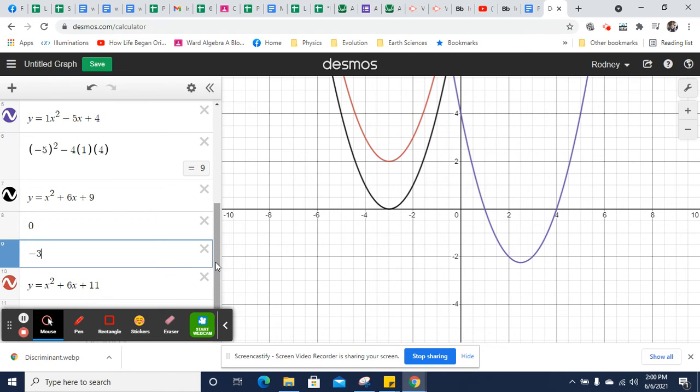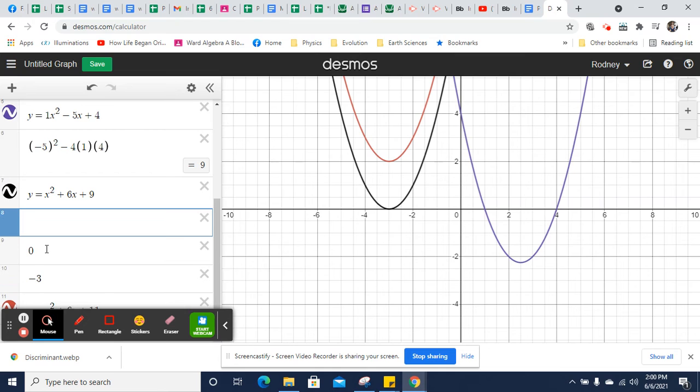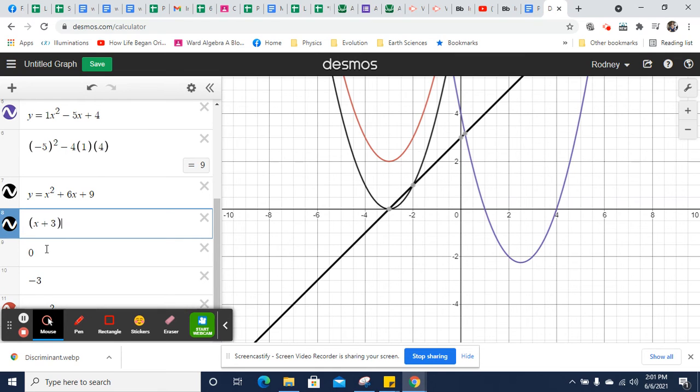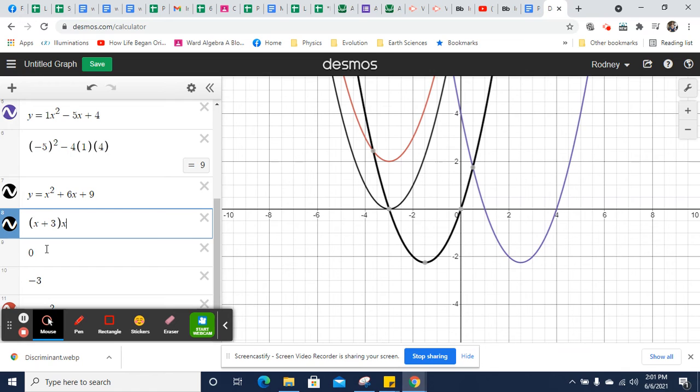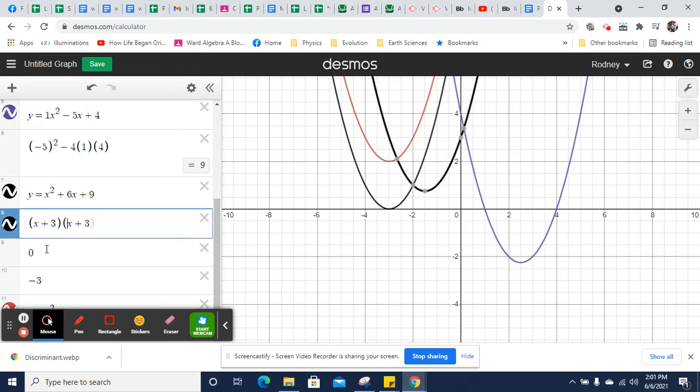So negative 3 is our x-intercept, and we could actually use that to factor this equation as x plus 3, because x plus 3 means an x-intercept at negative 3, times x plus 3. And you end up with a perfect square, which I will demonstrate now.